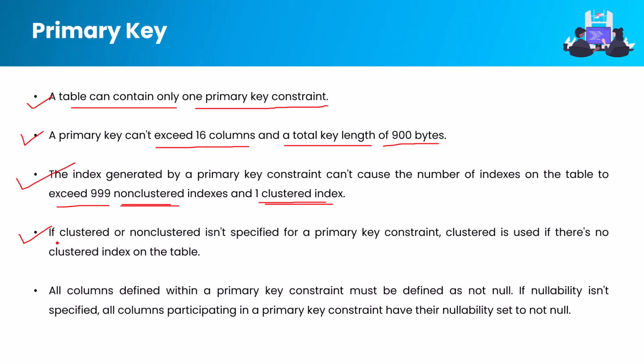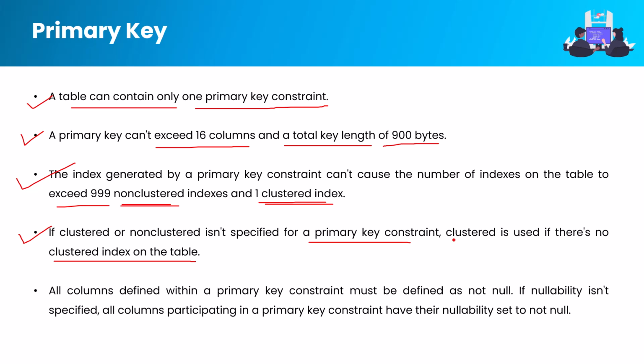Now we'll move to the third point: if clustered or non-clustered is not specified for a primary key constraint, clustered is used if there is no clustered index on the table. So if you do not specify a primary key constraint in a table, then clustered is used if there is no clustered index on the table.